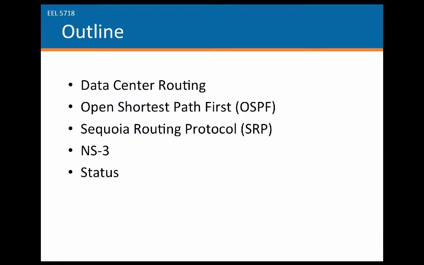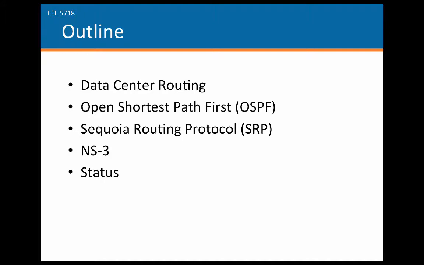For the outline of the presentation, I'll first show the topology we'll be using throughout the presentation and the one that we are using in our project, and talk very briefly about data center routing. Then I'll talk about Open Shortest Path First, which is the most used routing protocol for data centers.